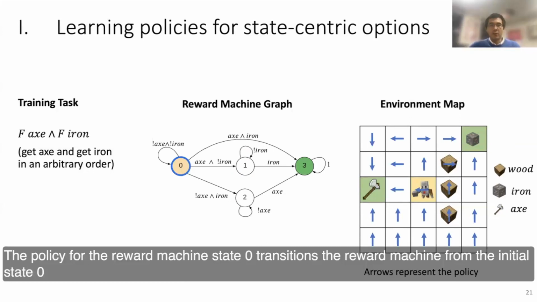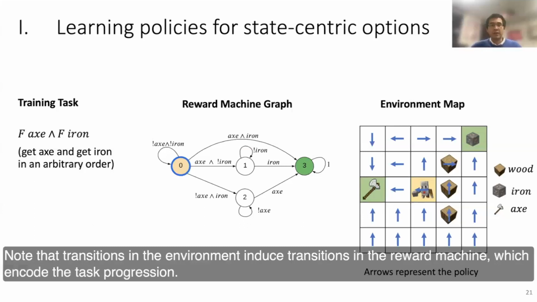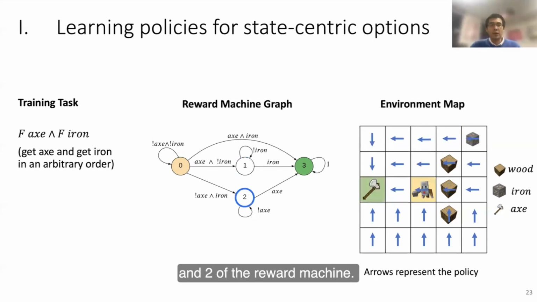The policy for the reward machine state 0 transitions the reward machine from the initial state 0 to state 1 or 2, depending on the proximity of the robot to the X and iron in the environment. Note that transitions in the environment induce transitions in the reward machine, which encode the task progression. Similarly, we learn policies for the subtasks encoded in states 1 and 2 of the reward machine.